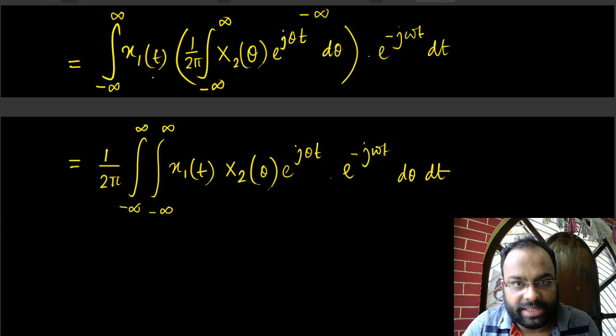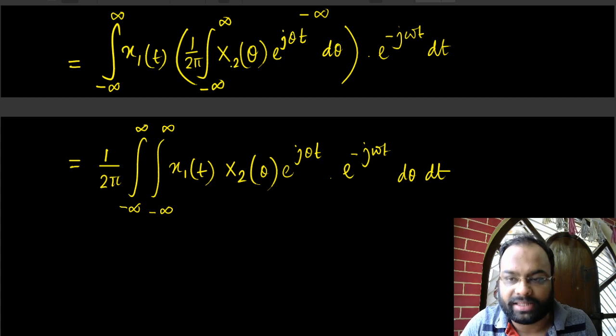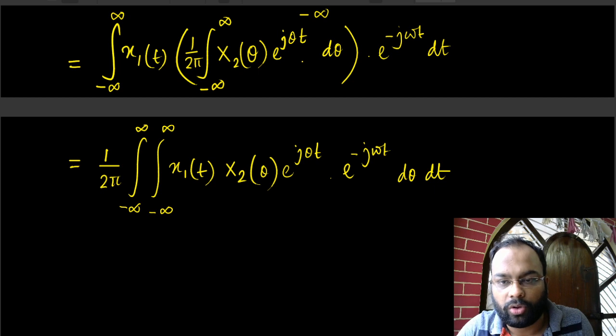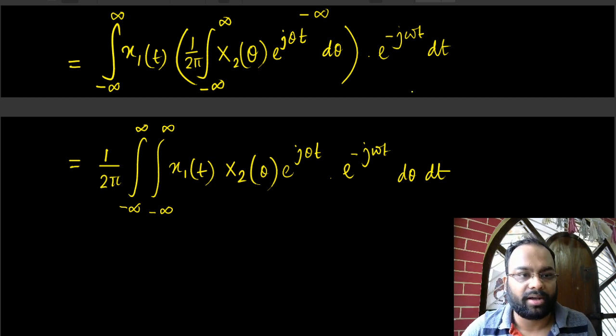So as far as this integration is concerned, this is a constant term. So this can go inside this integration, right? Similarly, this can also go inside, because this has got nothing to do with theta. For this integration, theta is the variable, so t and omega are considered constant. So this can also go inside. That is why we have a term like this.